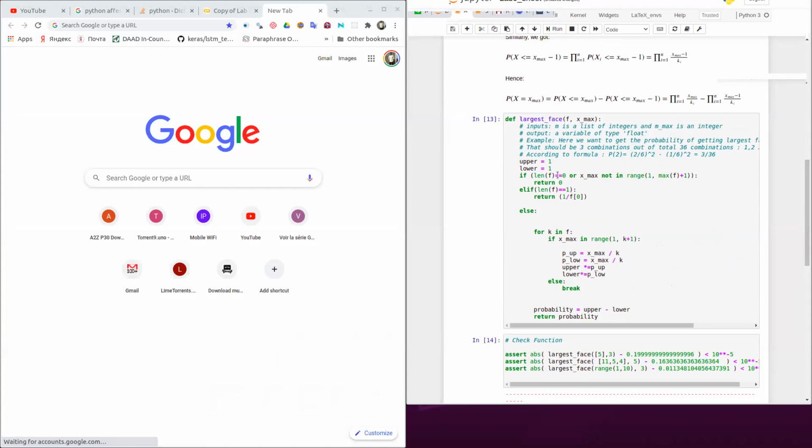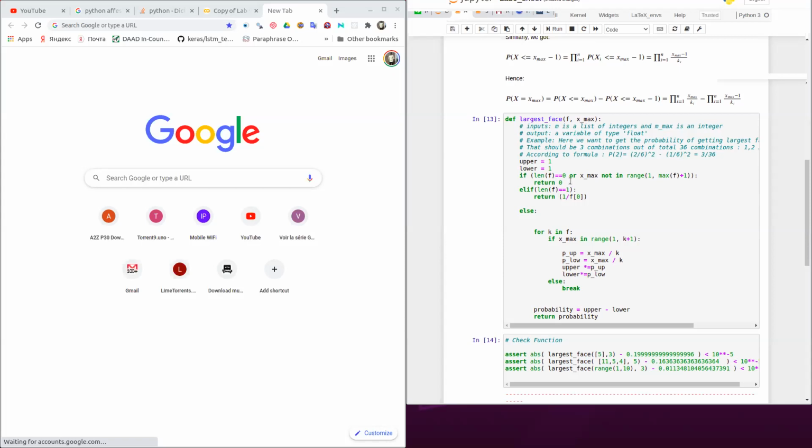Or if there is a case where the value is not a number of a face, I will return a probability of 0.